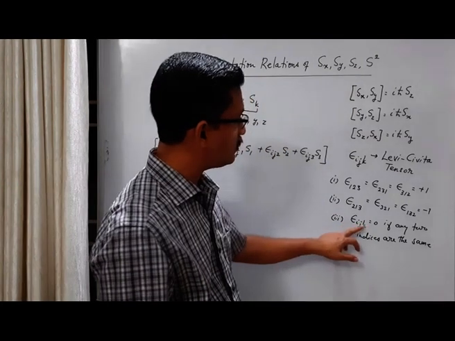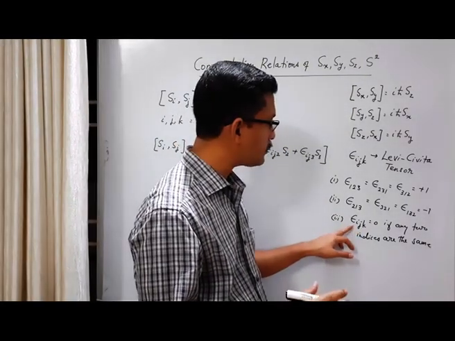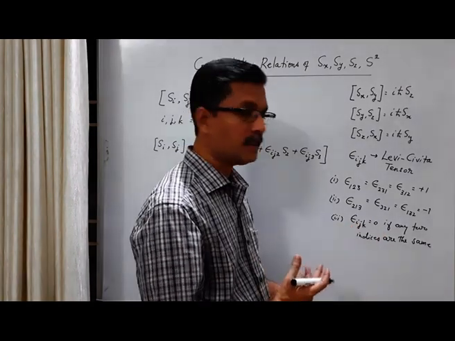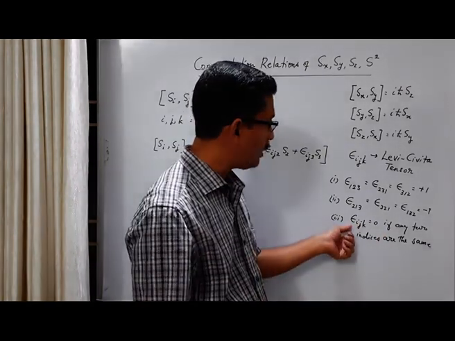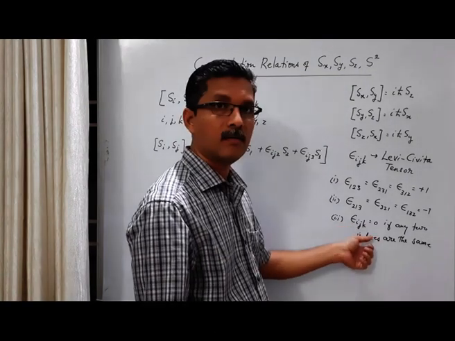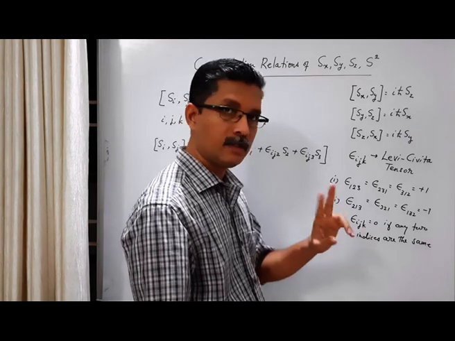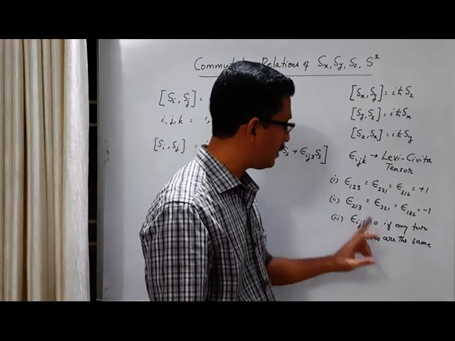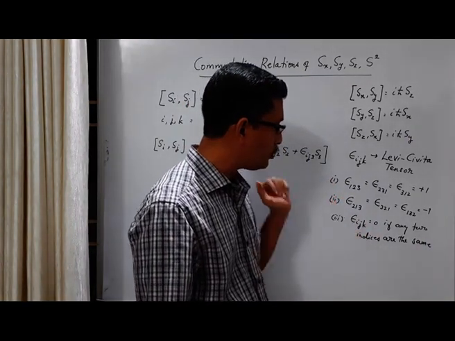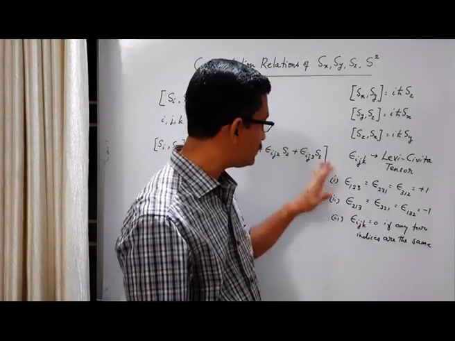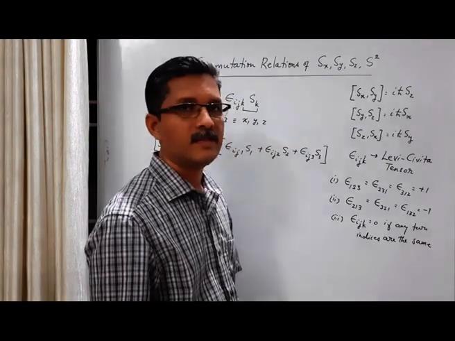If i or j or k, if any two indices have the same value, then epsilon ijk will be 0. That means, for example, epsilon 1, 2, 1 or 1, 1, 3, all these things are 0. Okay, if any two indices in i, j and k are the same, then the value is 0. So these are the three properties of the Levi-Civita tensor.